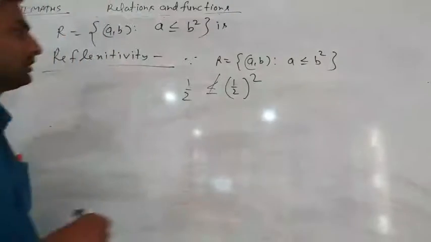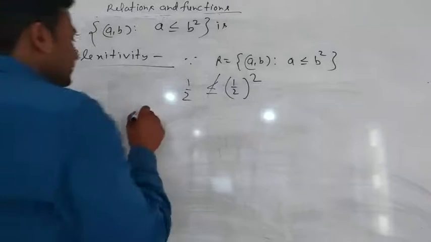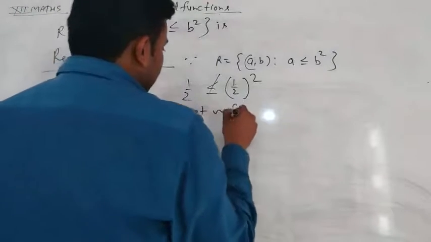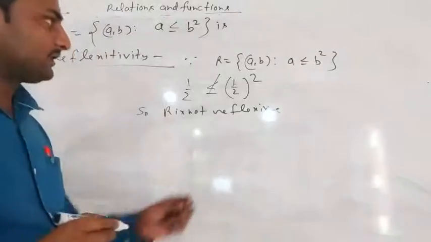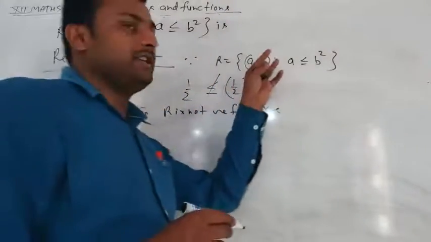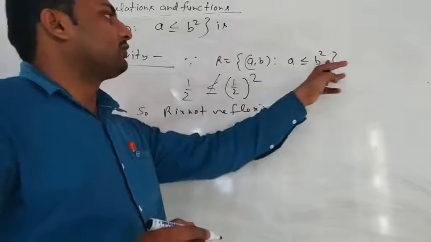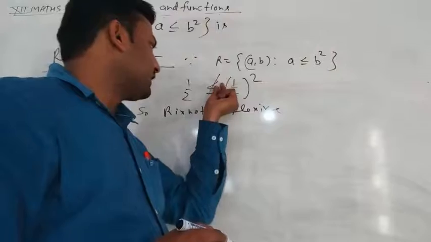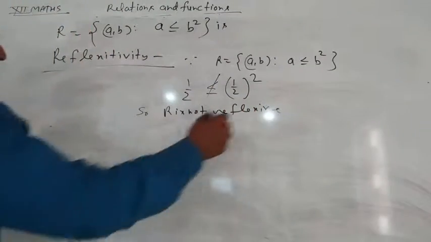This is not possible. So our R is not reflexive, because for reflexivity we take b equal to a. Here we take 1/2, and (1/2) squared is 1/4, and 1/2 cannot be less than 1/4. So R is not reflexive.